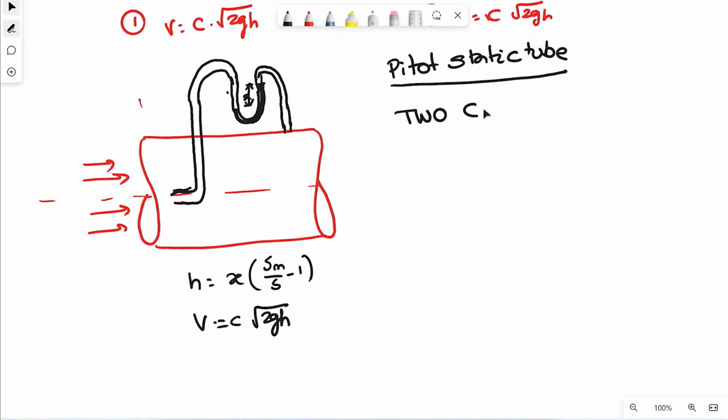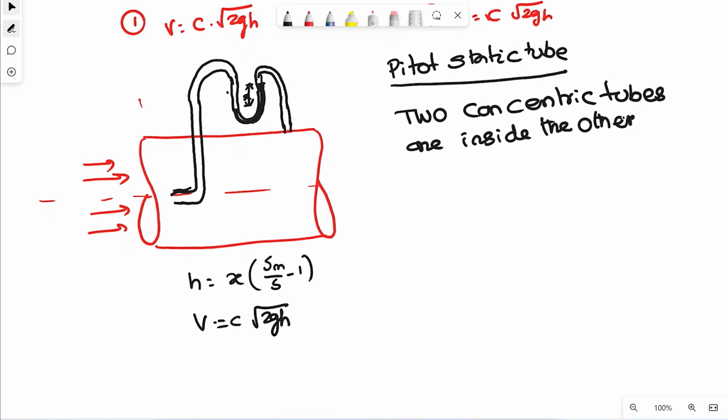Please remember, it consists of two concentric tubes, one inside the other, with an annular space between them.